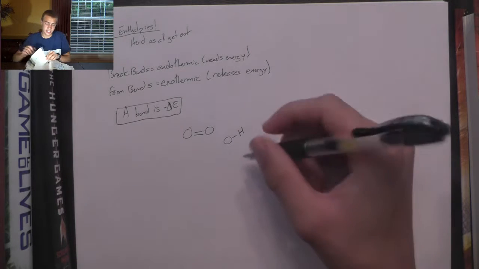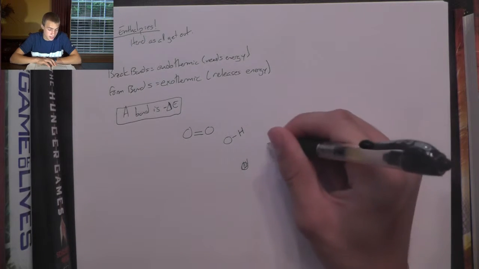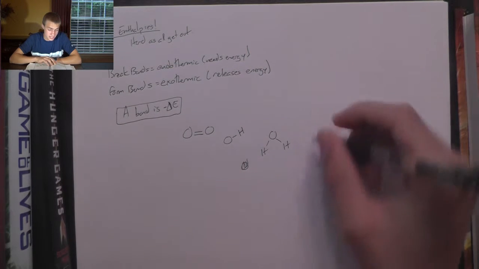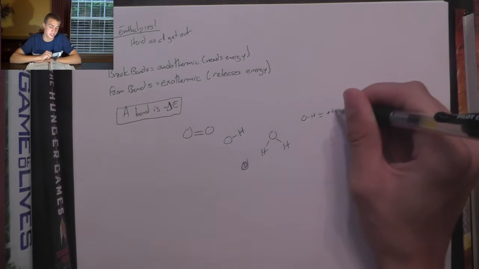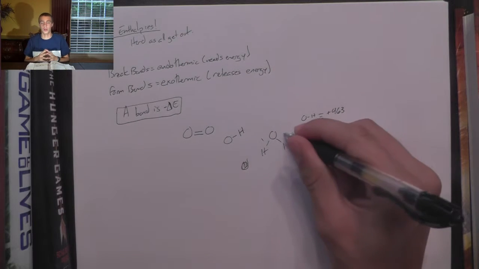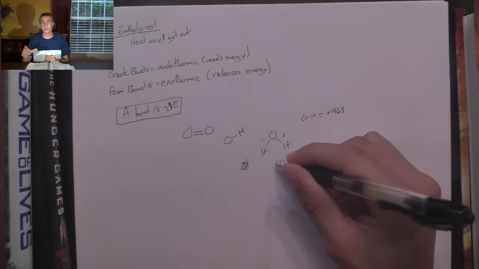For example, taking an example of H2O. If you look at the bond enthalpy of the O-H bond, it is listed as being plus 463, which is going to be in kilojoules per mole. So when you look at that, you say it's going to take 463 to break one bond.